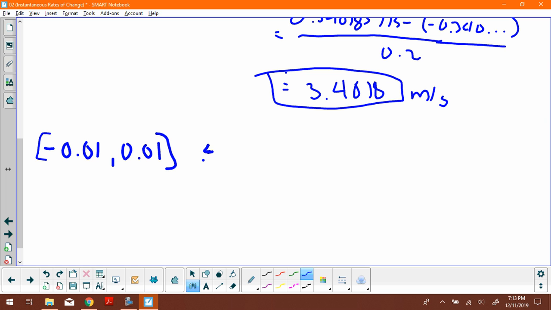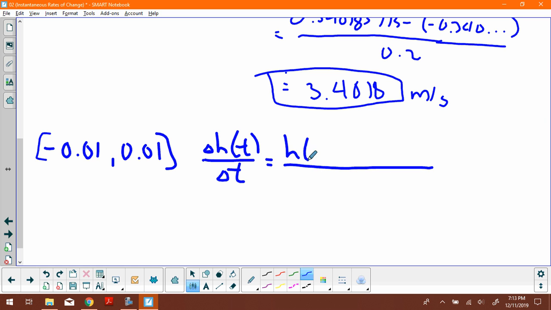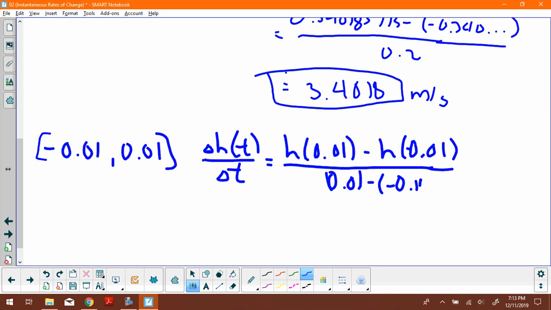So the change in the height over the change in the time is equal to h of 0.01 minus h of negative 0.01, and so on.